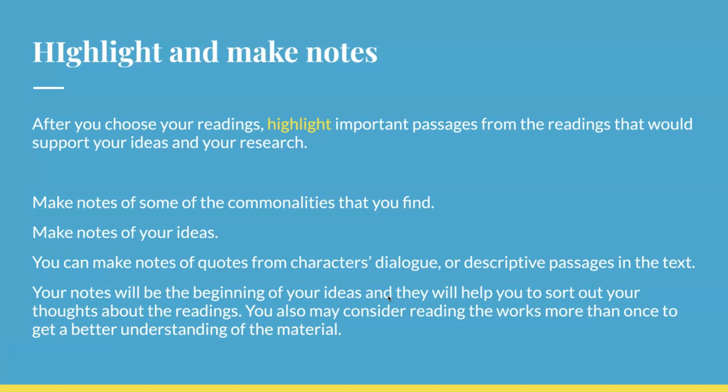So really, you need a place where you highlight these readings, and then you take those highlights and those ideas and start making notes, like a notebook or some kind of area where you compile a list of notes. Your notes will be the beginning of your ideas, and they will help you sort out your thoughts about the readings. You also may consider reading the works more than once to get a better understanding of the material. That's a really important part of doing research, is to reread what you have.